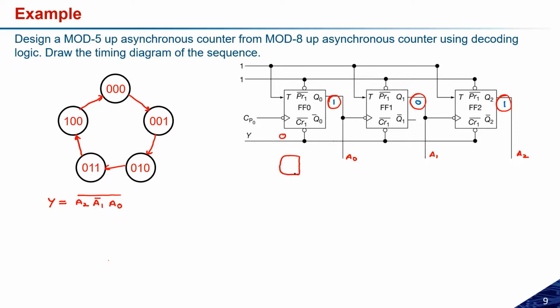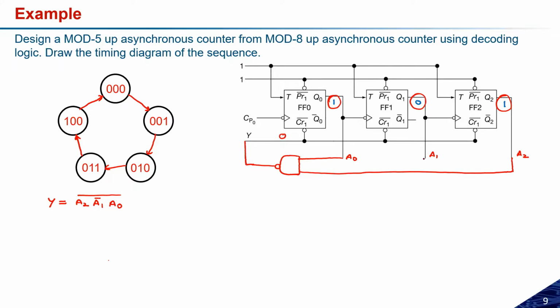I need one NAND gate that should be connected to this Y. One of the signals should be connected to A0, another to A2, and for the third, A1 complement is needed.